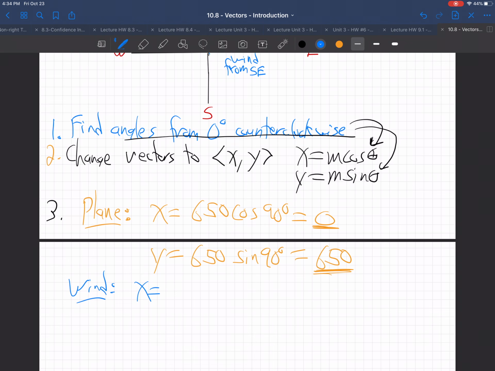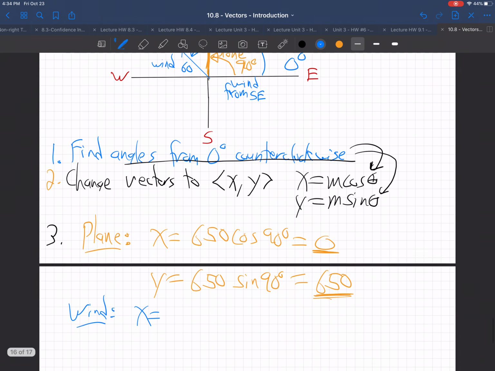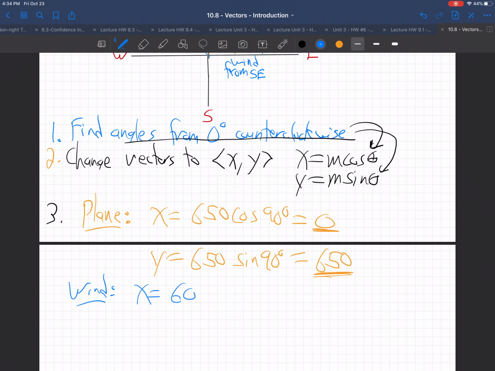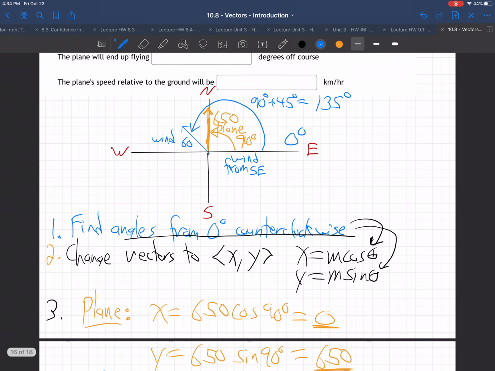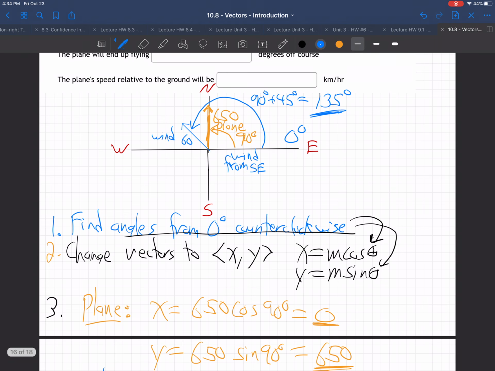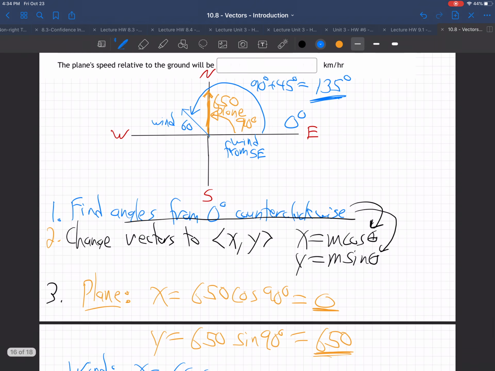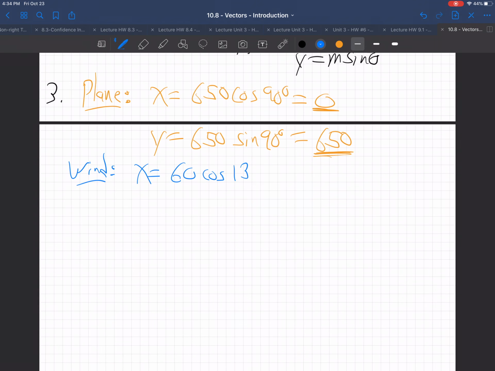Let's do the wind vector now. So the x again, wind amount is 60, 60 cosine of the angle. What's the angle? 135 for the wind, right? And the y is 60 sine of 135.